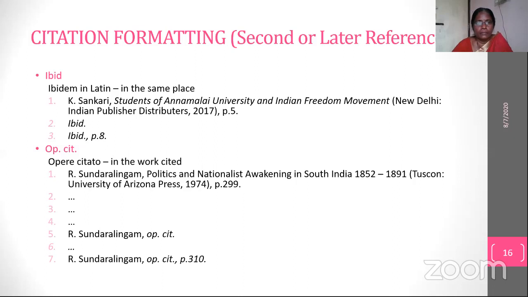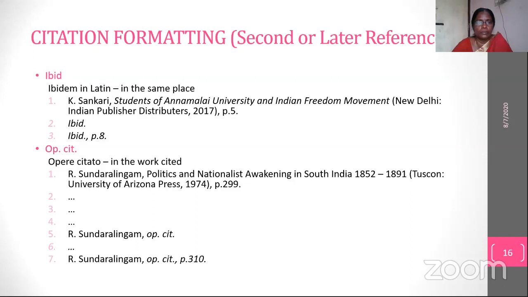So already we have referred almost all things. What about the article, dissertation, books by one author, two authors, three authors, more than three authors, etc.? Suppose the same book or the same dissertation happens to be repeated. What to do?